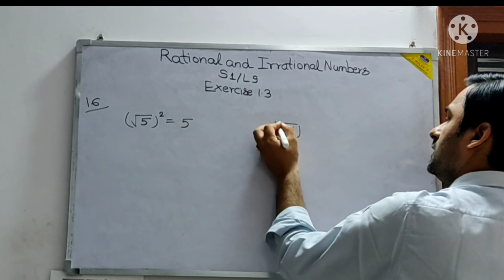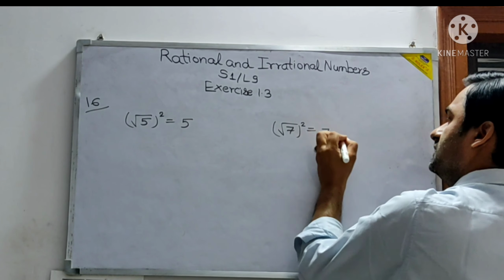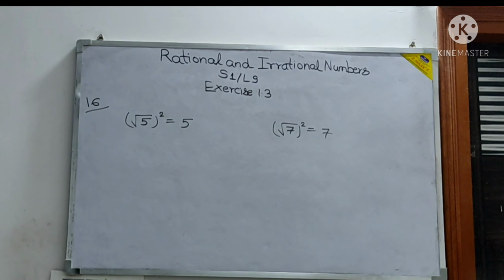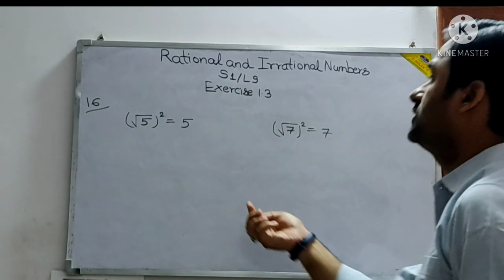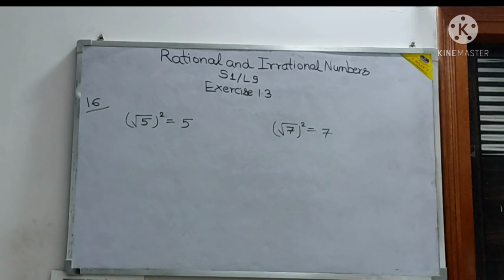What is root 7 square? 7. Okay. So whenever two irrationals are given and you have to insert irrational between them, now between 5 and 7, how many numbers are there? And the question is saying insert how many? One only you have to insert here.